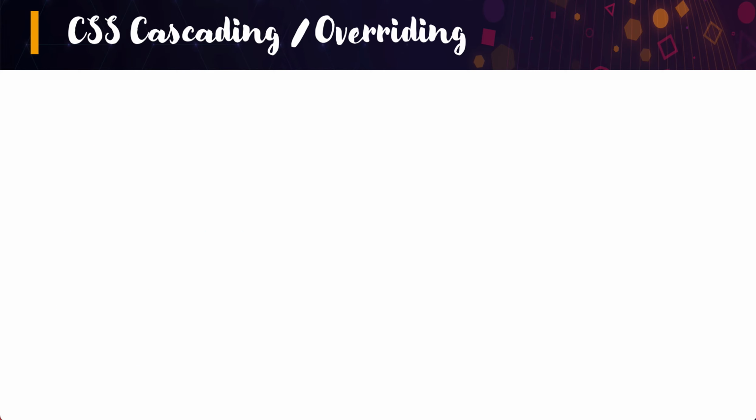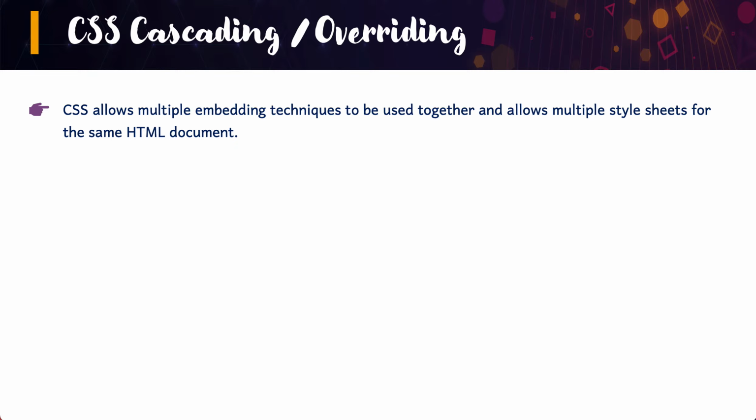Now we said CSS allows multiple embedding techniques. The key here is all of them can be used simultaneously, and multiple style sheets can also be used within the same HTML document. Then the immediate question is, what is the resulting style? The answer is the resulting style is essentially a sum of all the styles from everything that is linked.